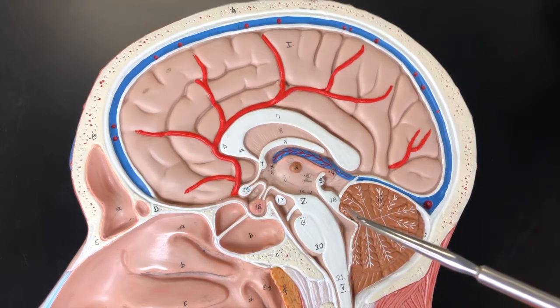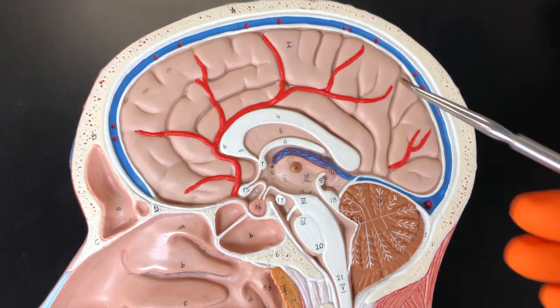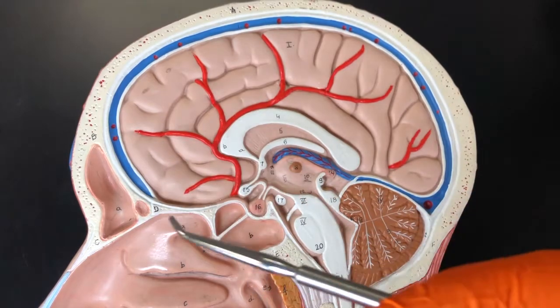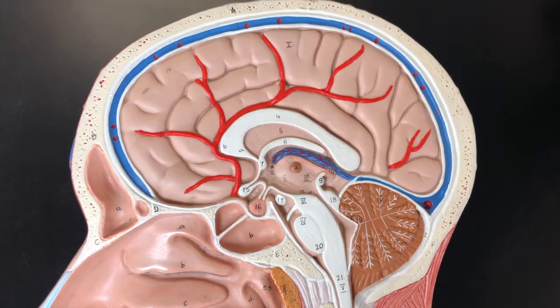And on this model, that would be represented by this white line right here. For my students, in your lab manual, that is colored blue. And we have these apertures within the fourth ventricle, two lateral and a median aperture, and that is how CSF gets from the ventricles to that subarachnoid space.